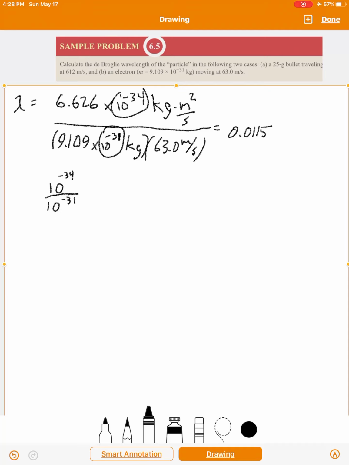Now let me show you one way to deal with this. If I multiply this by 10 to the minus 31 over 10 to the minus 31, right? That's 1, so I'm not changing anything, except the way it looks.